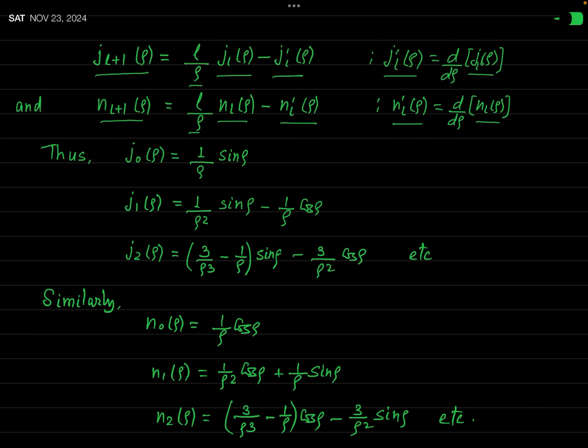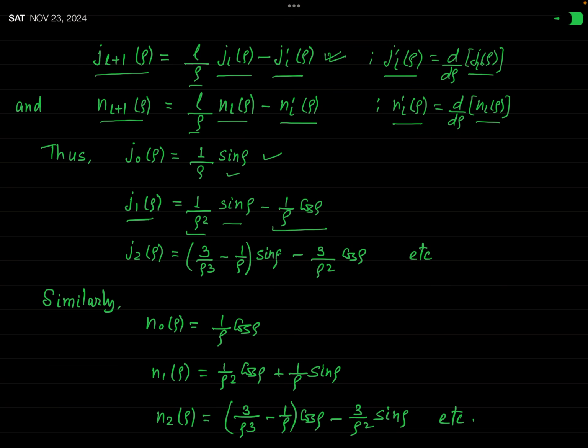Now, you have already seen that j0 of rho is this much. Using this recurrence relation, I have not done the algebra, but when you try to find j1 of rho, for this you have to take l equal to 0, and then you will see that j1 of rho is equal to 1 over rho squared sine rho minus 1 over rho cos rho.